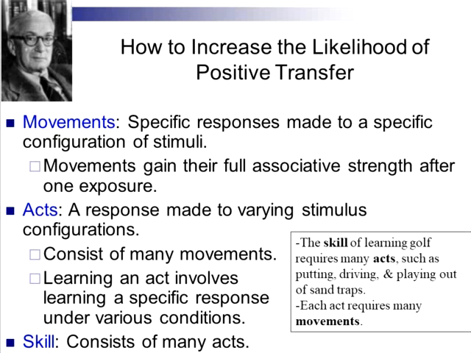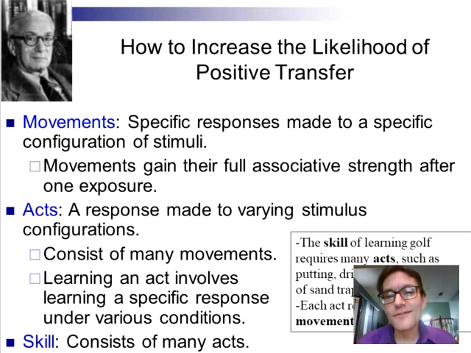I've golfed a few times. It was embarrassing, but it's enough to know what golfing is, right? And so I know that if you're putting on a slope, it's a different set of movements. In order to perform the act of putting successfully, the specific movements will be quite different depending on the exact situations.